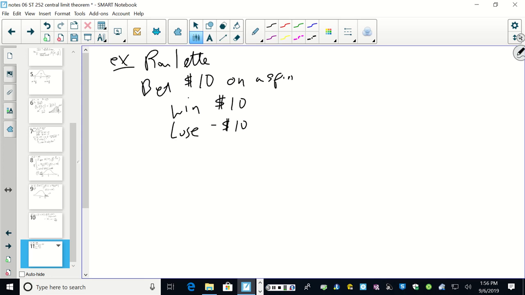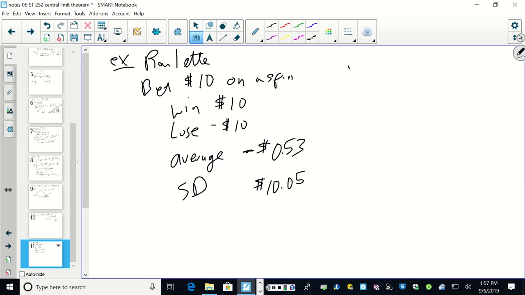There's a certain probability, but it turns out on average, the average return is negative $0.53. And the standard deviation of a single roll, you can calculate that. It's pretty big. It's 10.05 because there's such a swing between negative 10 and positive 10.